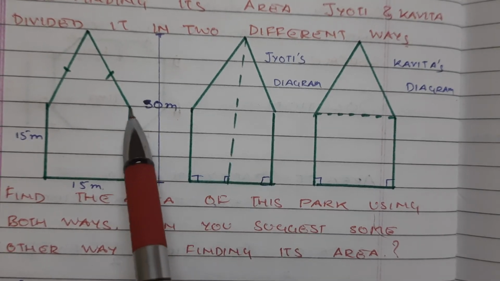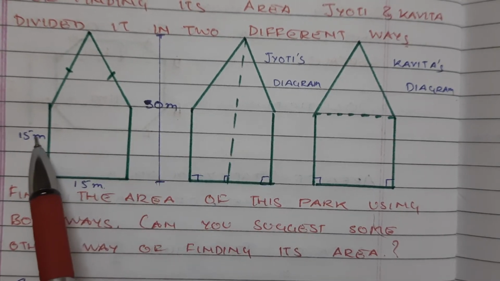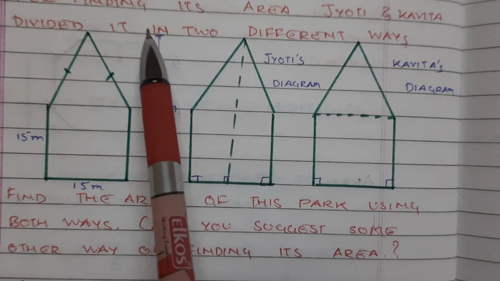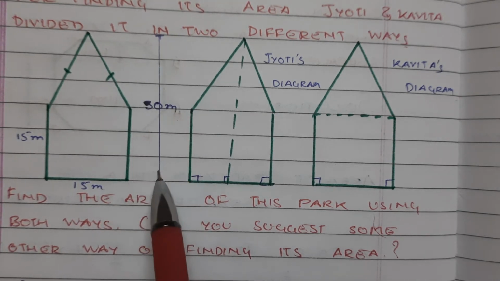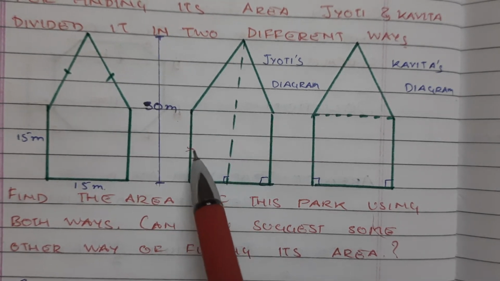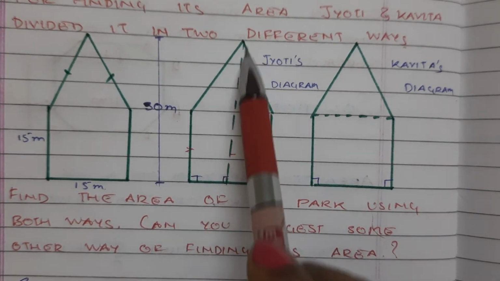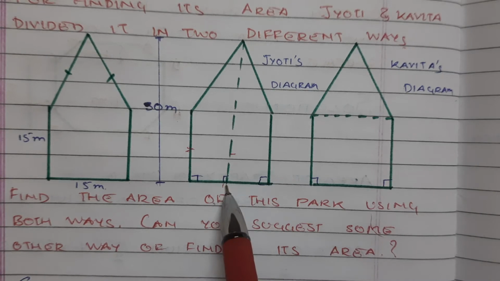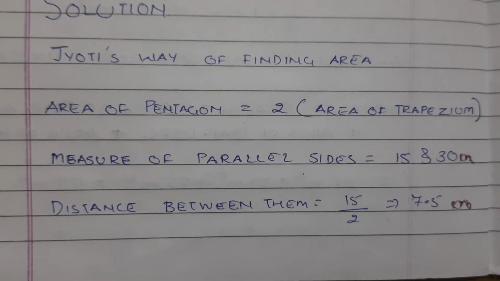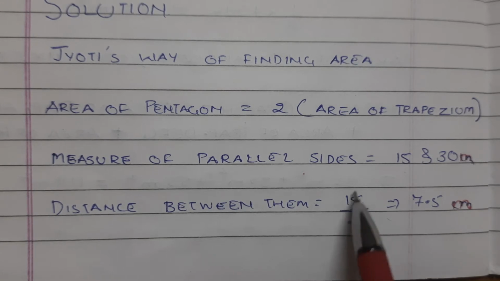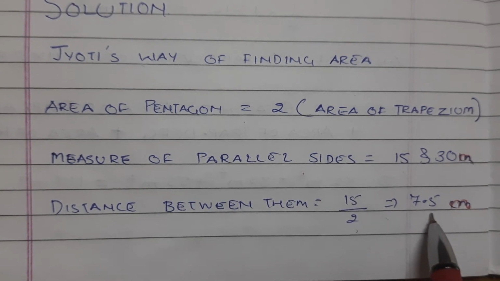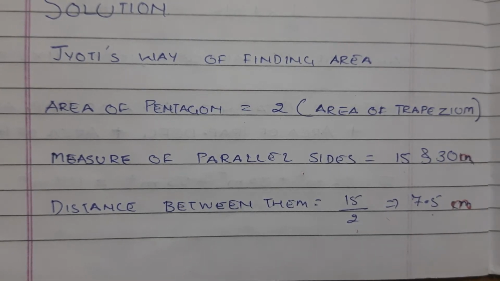See here, this portion is given as 15 meter and the whole structure is given as 30 meter. So these two will be the parallel sides. And the distance between them will be the side divided by 2, so it will be 7.5 meter. Now putting all these values in the formula for the area of a trapezium.